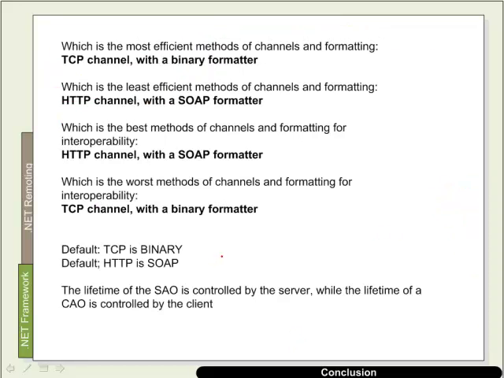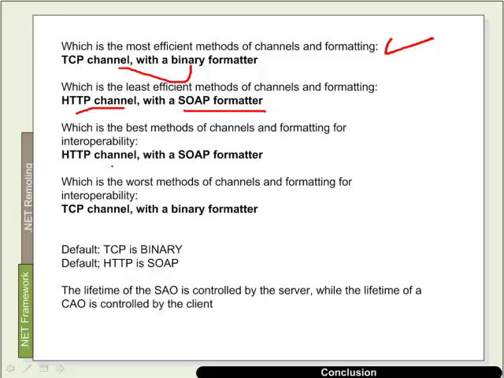When we're selecting our channel and our formatter, the most efficient one in terms of formatting and channels is TCP with binary. That's the fastest we can get. The least efficient is with SOAP and with HTTP.